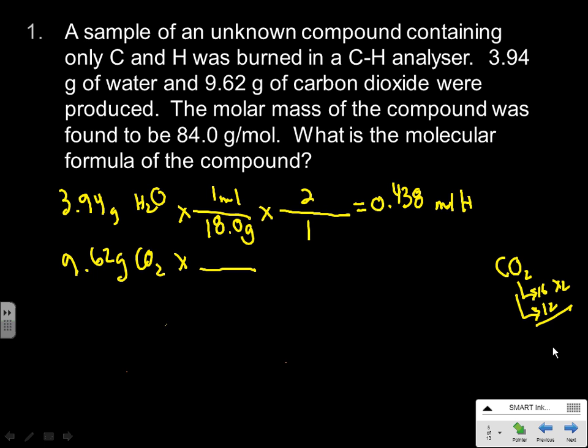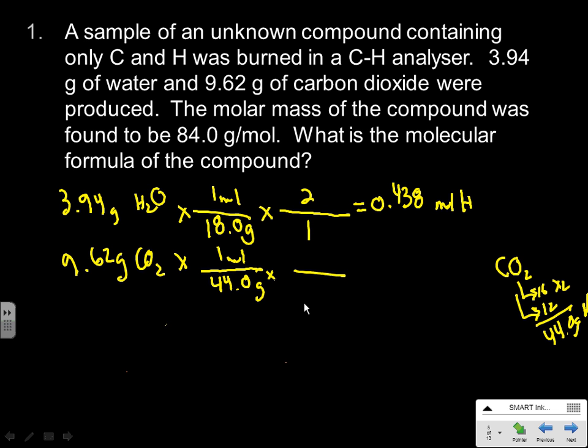What is the molar mass of carbon dioxide? 44.0 grams per mole. Grams are on the top. 44.0 grams per 1 mole.